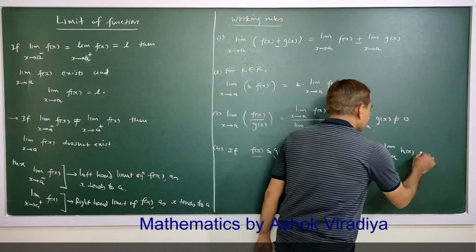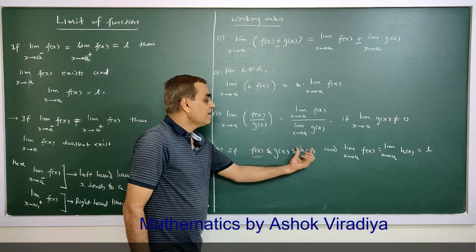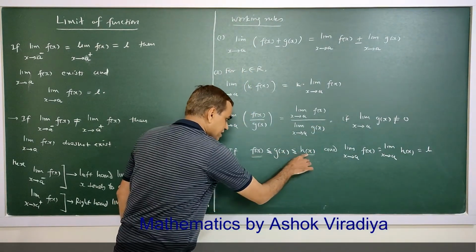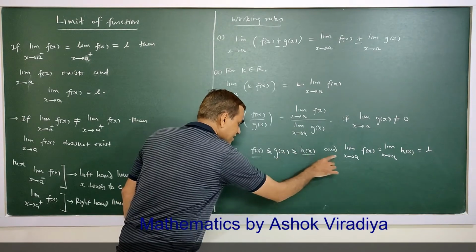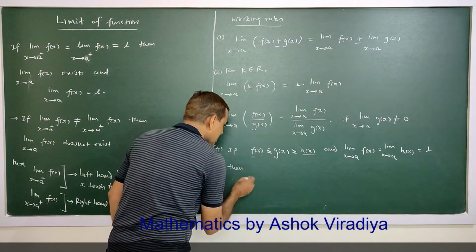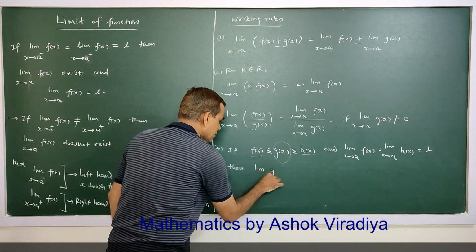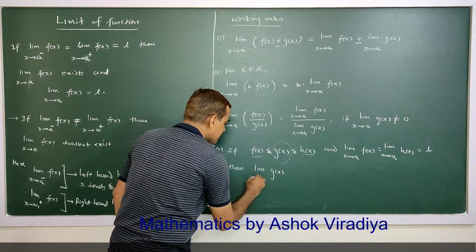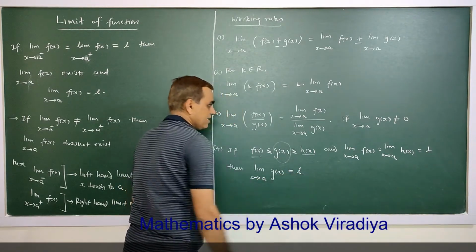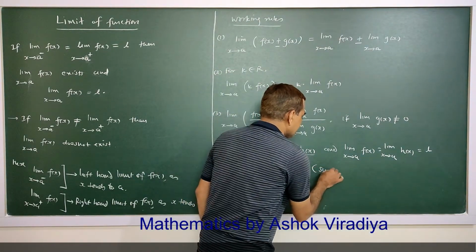If this is equal to L, the limit of this function is L and the limit of this function is L, the same limit of these two functions as x tends to a, then the limit of this middle function as x tends to a is also L. This is said to be the sandwich theorem.